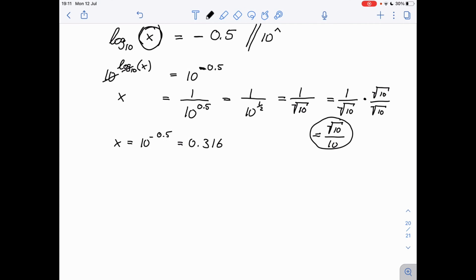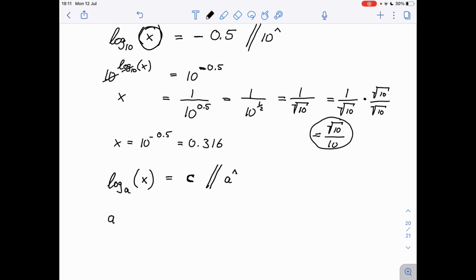So this is how we can find out what this value is. In general, if we've got log a of x equals c, where c is a number, we take both sides a to the power of.